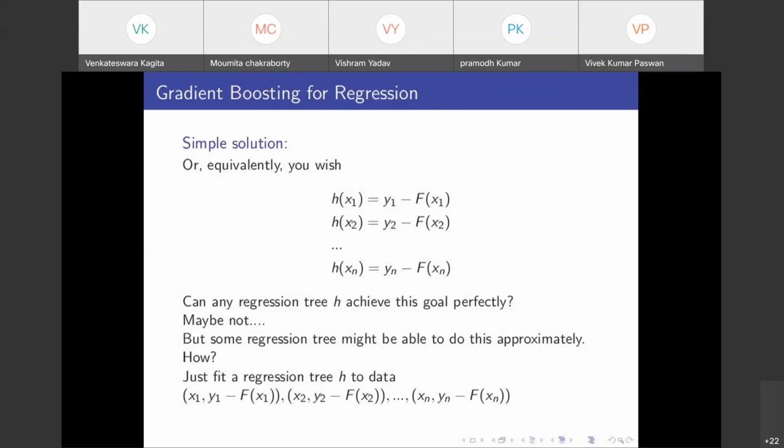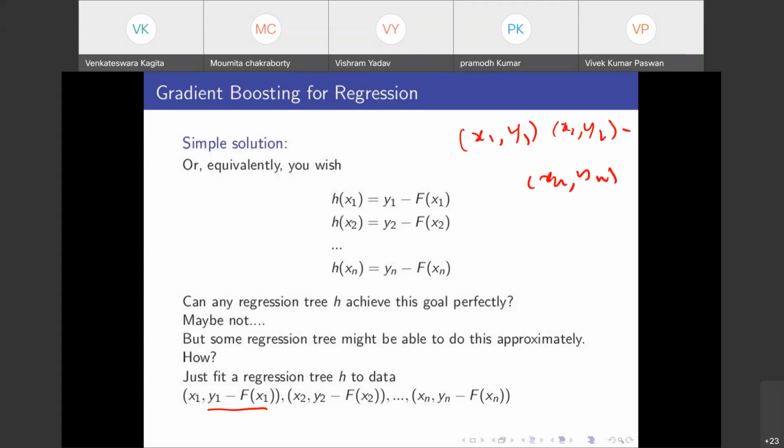So according to this, the updated data is x1 comma y1 minus f of x1, x2 comma y2 minus f of x2, and so on. So we're not fitting a regression tree to the original data. This is the updated data. What is the original data? x1, y1, x2, y2, and so on, xn, yn.